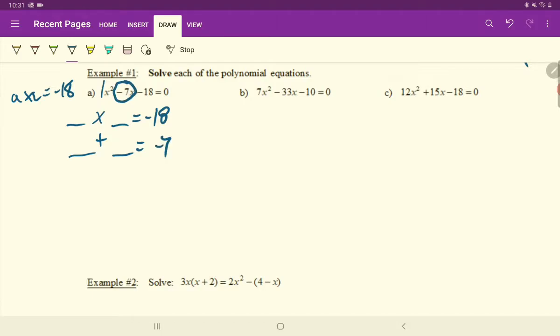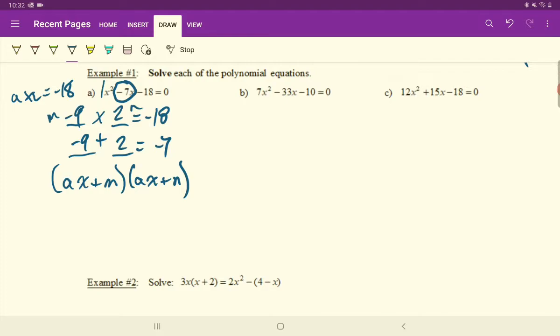Okay? So how about negative 9, positive 2? That satisfies both. So then what you write is a times (x plus m), a times (x plus n). Let's call that m, let's call this n. Now our a value happens to be 1.